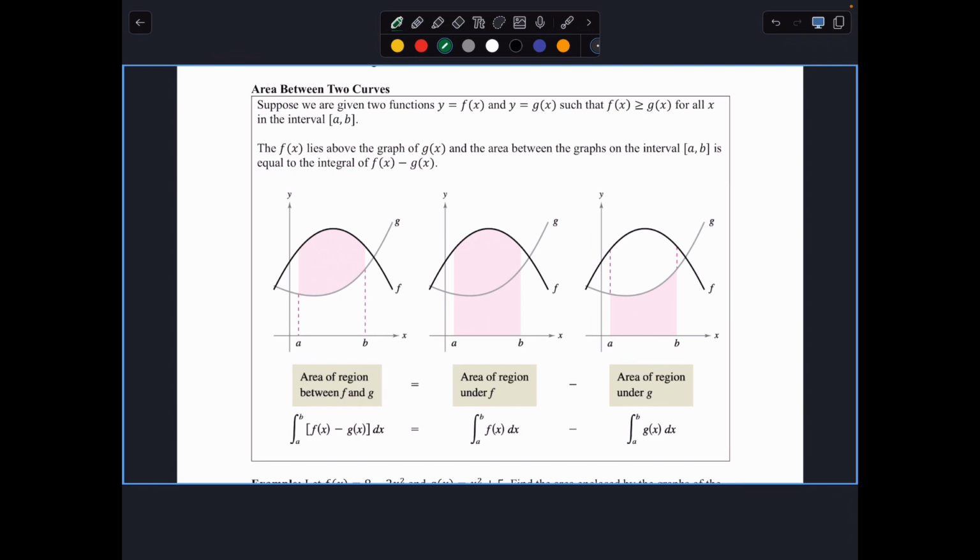The integral from a to b of g of x would be the area bounded by g and the x-axis. And you'd be subtracting that area that is below g of x. And that would just give you the area bounded between those two curves. Okay, so that also makes sense.